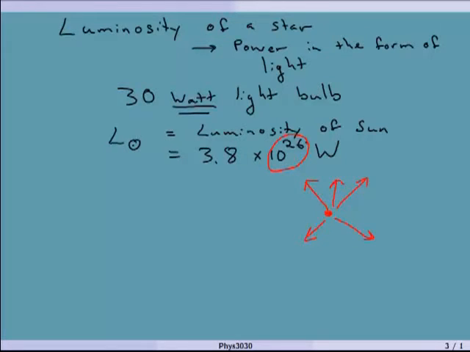Okay, so the one thing that I want to point out here is that this inverse square law really works for all kinds of physical laws. Inverse square again here.